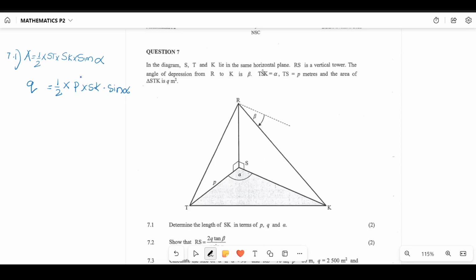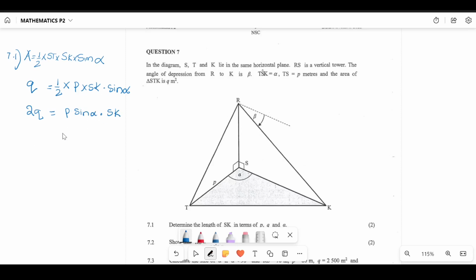We know everything except SK, so cross multiplying, 2Q equals P sine alpha times SK.